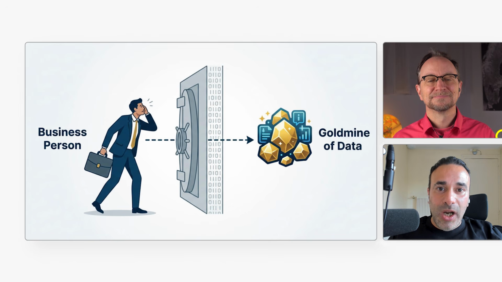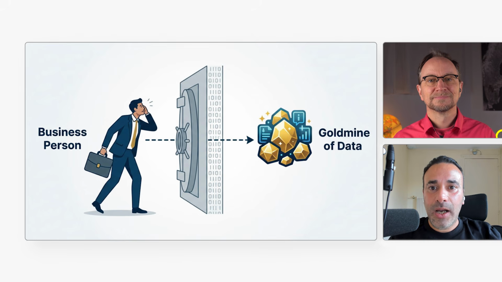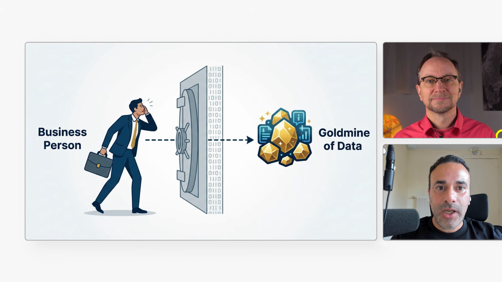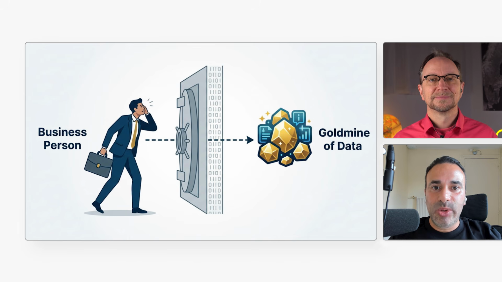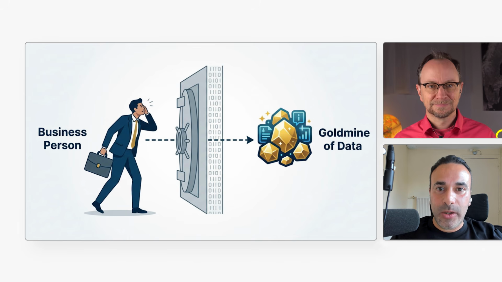It is, but you have to build it right. You know how it is. Companies have all this great data, but nobody outside the data team can actually get their hands on it. What do you mean? Think of it like a massive library where the books are written in a cryptic code. Only a few specialists, those who know SQL, can read it.